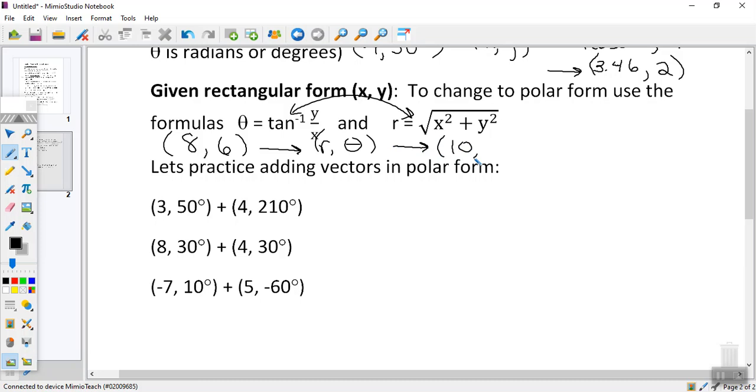Then the other part for theta, it says do the tangent inverse of what over what? Y over X. Okay. So it'll be the tangent inverse of what values over each other? 6 over 8. Tangent inverse 6 over 8. So run that for me, kids.